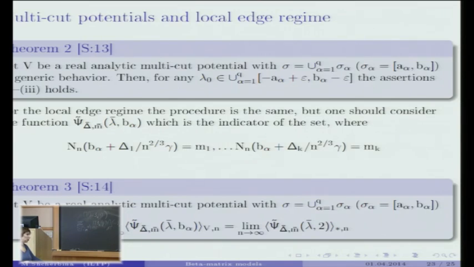In this previous result, it was proven that when you have a multi-cut potential, you can consider a similar transformation and make it like a one-cut potential plus some additional field, a small perturbation. Then you can use theorem 1, so it's just 2 pages to extend to the case of multi-cut potential. And okay, it could also be proven.